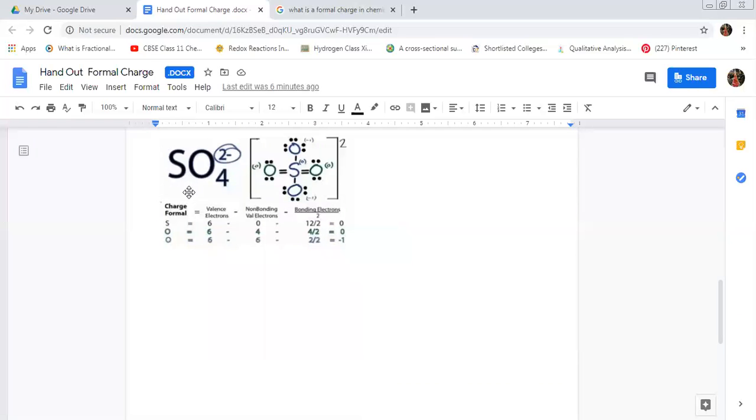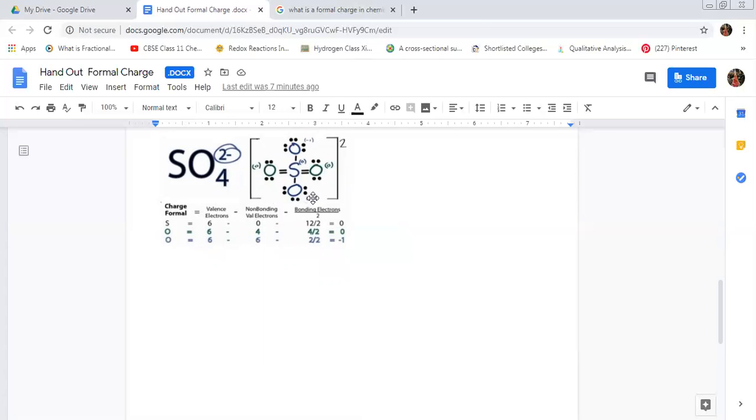Sulfur has 6, plus oxygen 4 into 6 is 24, plus 2. So 24 plus 2 gives you 26, and 26 plus 6 gives you 32. So the total number of valence electrons is 32, and then, according to the rules of Lewis dot structure, I have represented the Lewis dot structure for SO4 2 minus. You can see it.